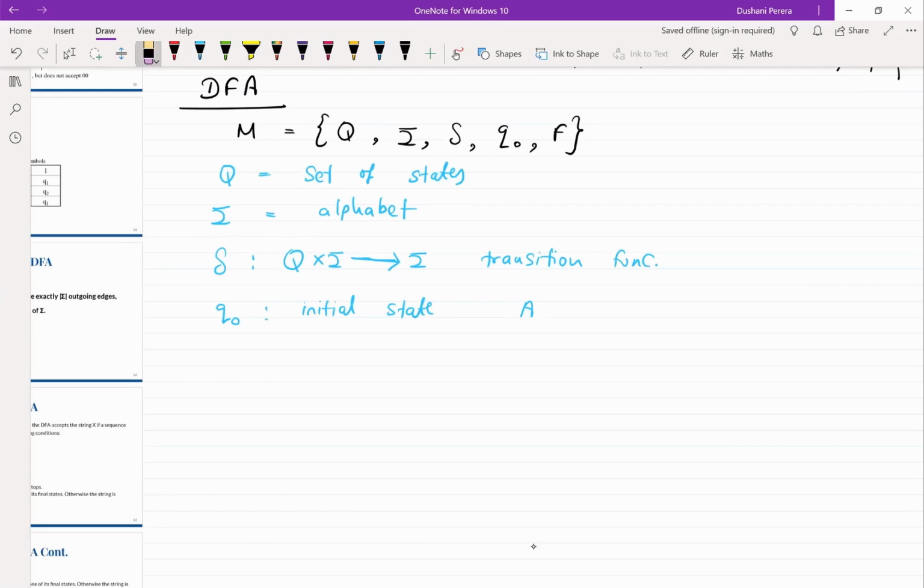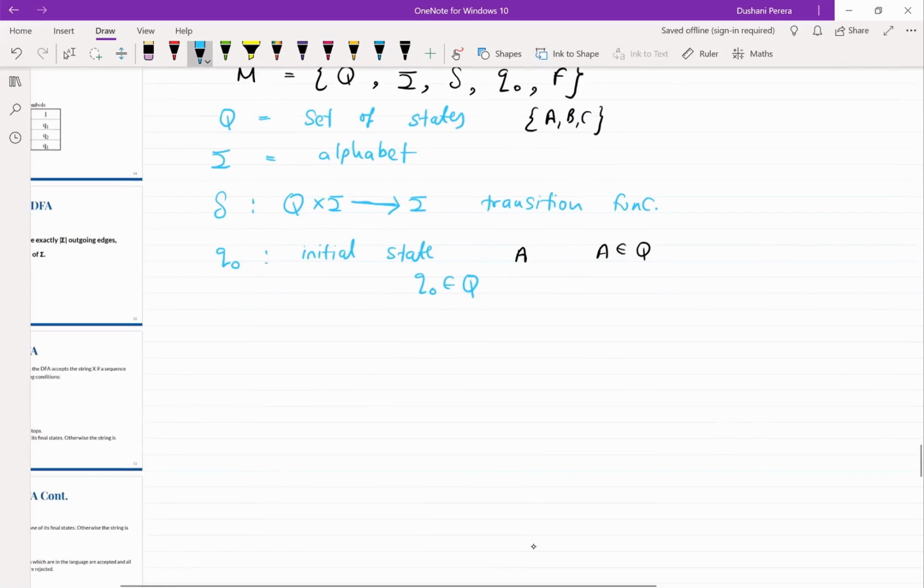And remember this Q naught: if the states are A, B, C and the initial state is A, then A is going to be an element of Q. So because of that, Q naught is always an element of Q. And finally we have F. F is the final state. We cannot say that there's only one final state in a DFA. Because of that, we say this is a set of final states.